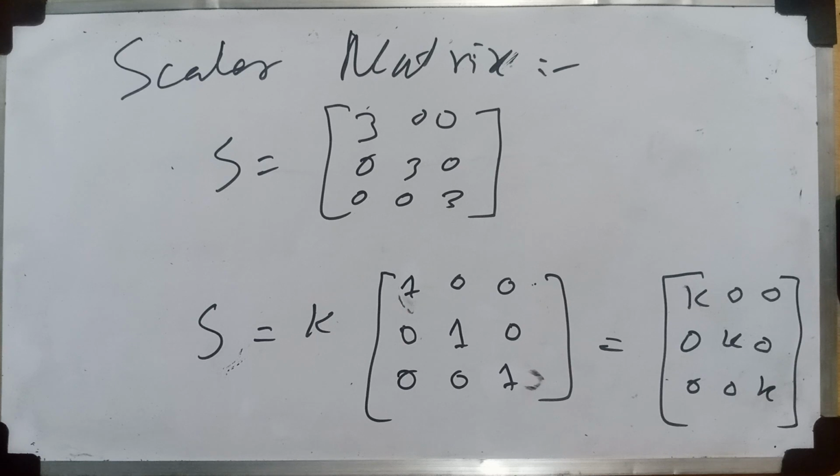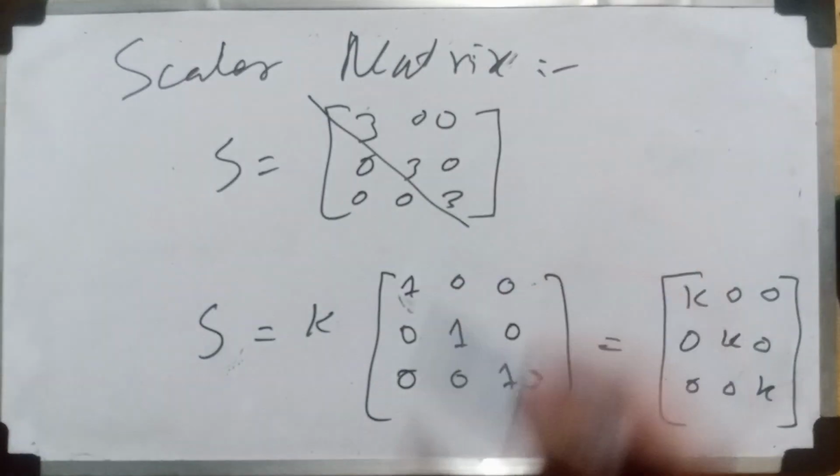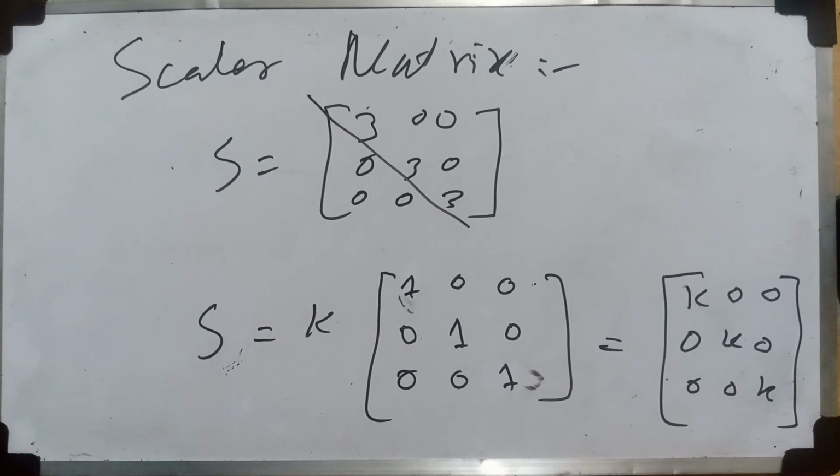The last matrix that we will be discussing is a scalar matrix. A scalar matrix is a type of matrix that has all the non-diagonal entries equal to 0, but all of its diagonal entries are one real number. So here all the entries are 3, so it's called a scalar matrix.